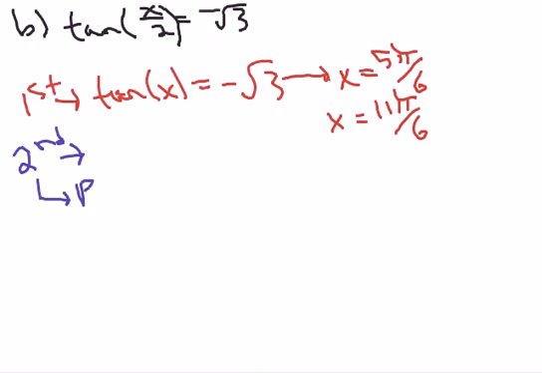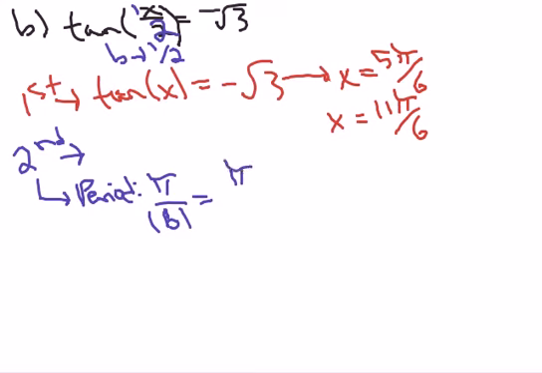For tangent, it changes to just pi over the absolute value of b, right? So in this case, it's pi over the absolute value of b, but I also have to notice that my b value is actually 1/2, right? There's a 1/2 in front of the x, so that is my b value. So if I plug that into this formula, I have pi, 1/2 is already positive, so pi divided by 1/2, multiplied by the reciprocal of 1/2, and you get the period is 2 pi, right?